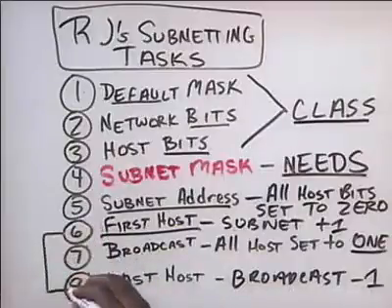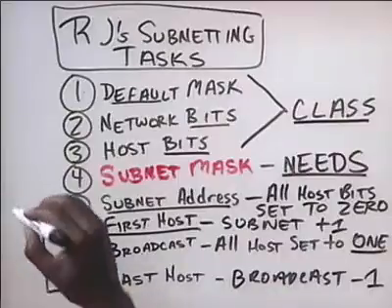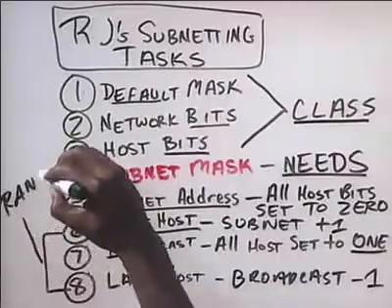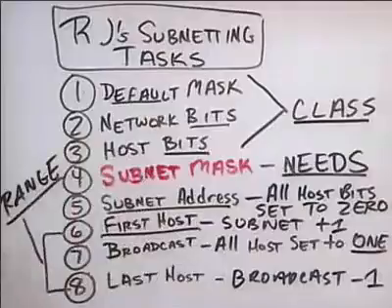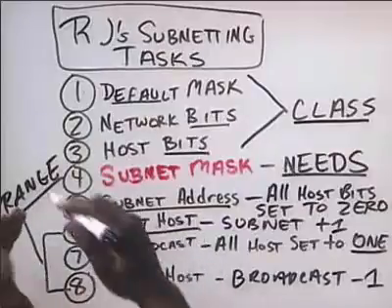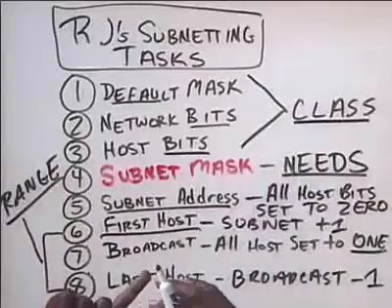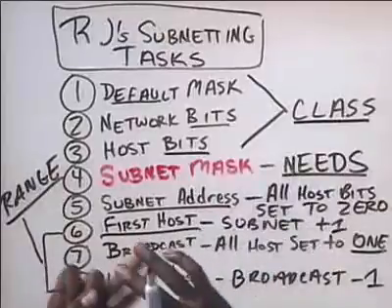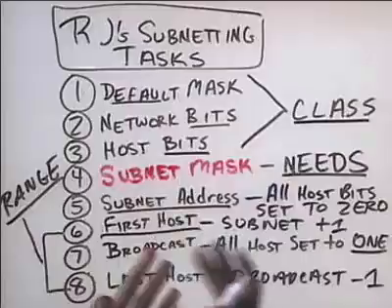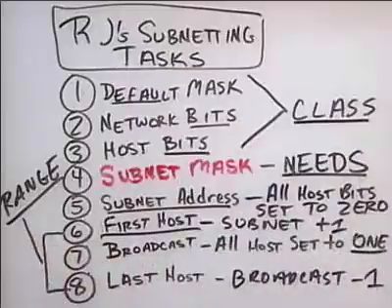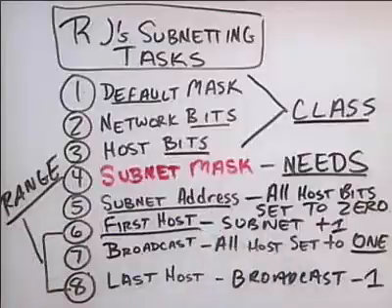These two items combined, 6 and 7, give us the valid host range of addresses. So you may see those referred to as the range. So you might be asked in a particular situation to give the subnet address, the broadcast address, and the valid host address range. That's what they're talking about. The first host address and the last host address would make up the range.